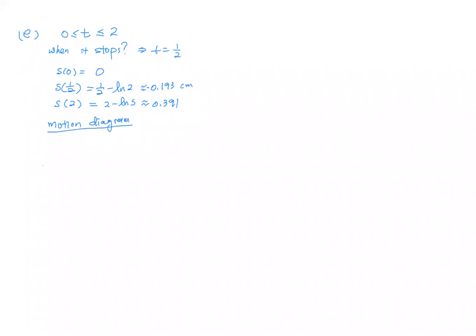So I will draw. This is the origin, it starts from the origin. Then it comes here. That is 1/2 minus ln 2. From here you go here, stop, then it turns. And here is 2 minus ln 5.